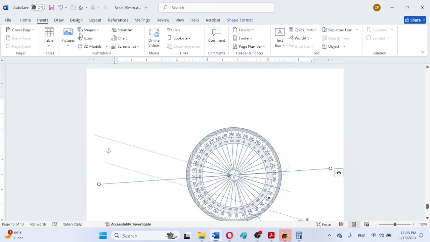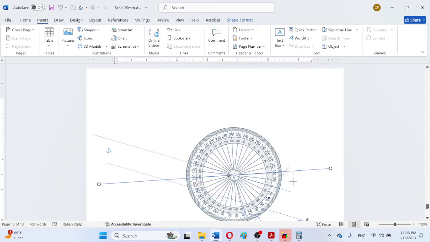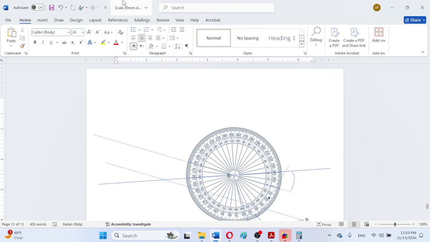Go into insert and go into shapes, and for example just draw an arc here like this. So this is the delta symbol.